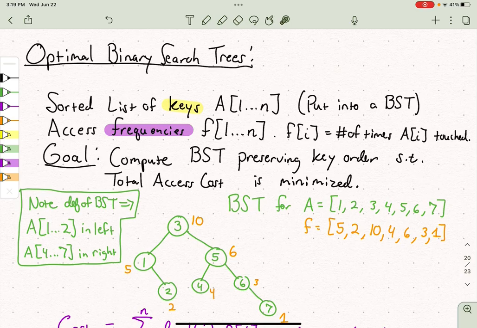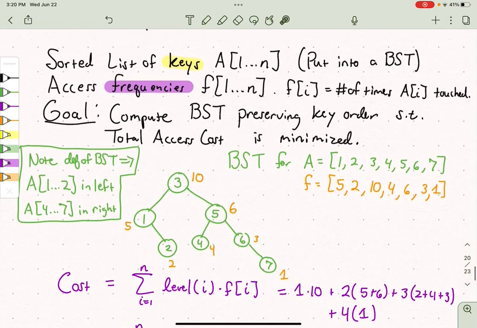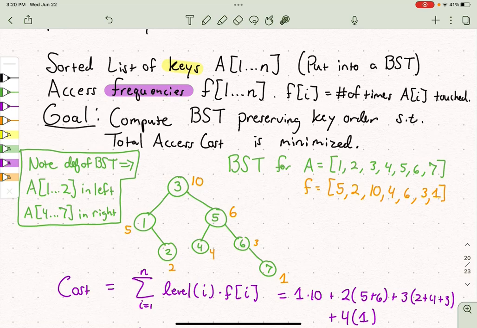Our goal is to build this tree structure, what the tree looks like, to minimize the total access cost. So what is the total access cost? It's how frequently a node is visited times the depth of the node, because the deeper a node is, the longer it takes and the more difficult it is to access it.